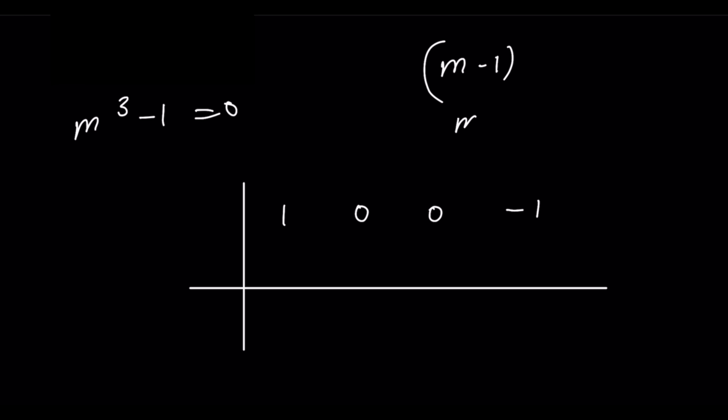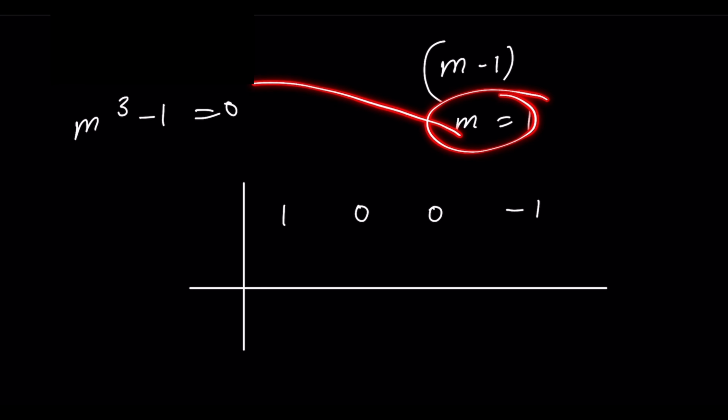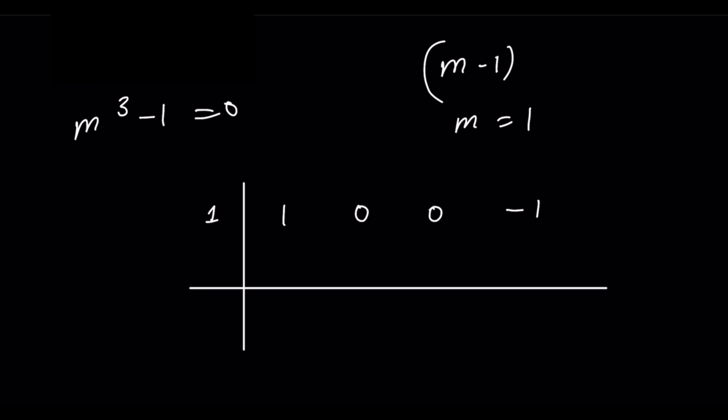So, we'll be taking m equal to 1 and substituting m equals 1 in this equation to see if it is satisfied. In this case, m minus 1 is indeed the factor of this equation. So, when carrying out the synthetic division, we'll be writing 1 here and carry out synthetic division.